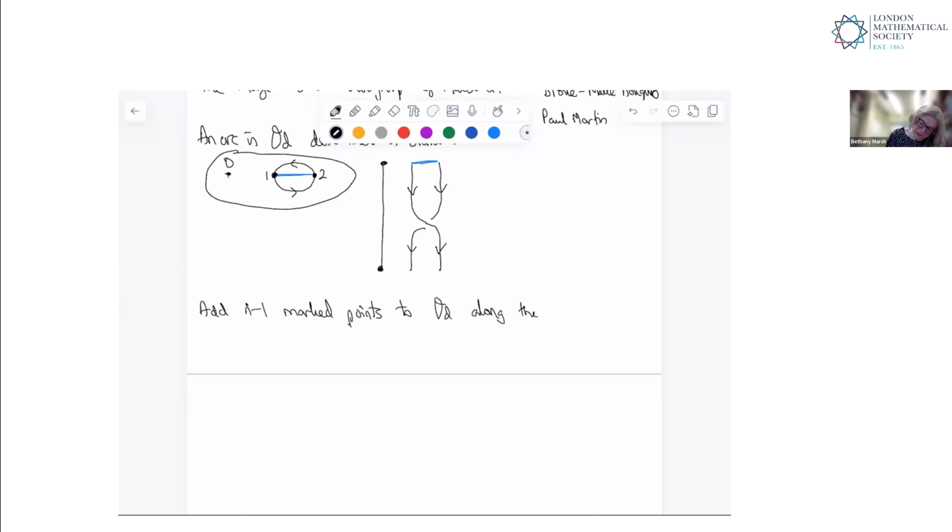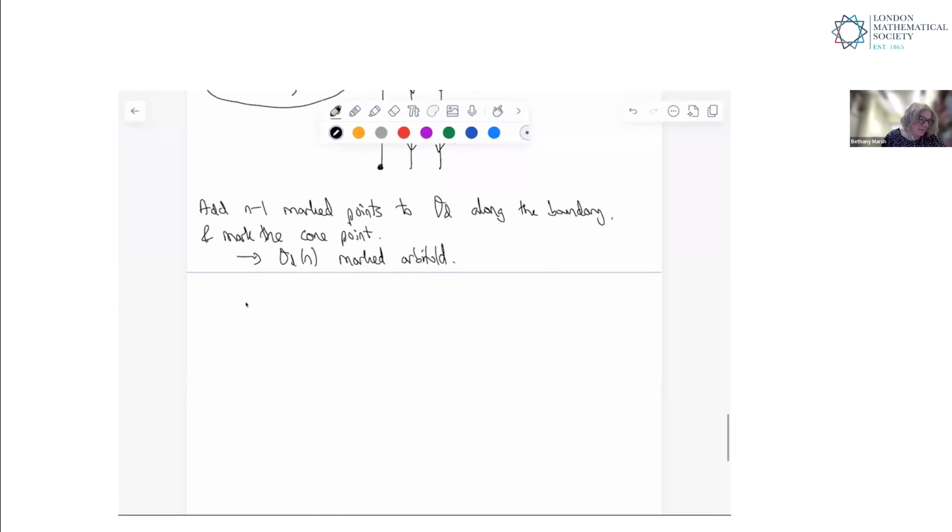So it's very similar, but we also regard the cone point as a marked point. So we get n marked points in general. So we get what we could call O_D^n, a marked orbifold. Essentially, it's a polygon with this cone point in the middle.